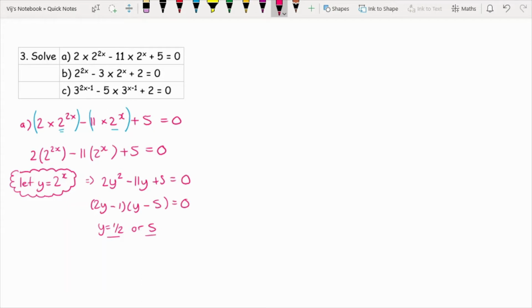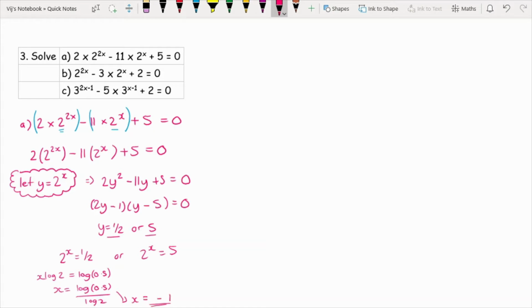So what we've then got is 2 to the power of x equals a half, or 2 to the power of x equals 5. Now if you go back and look at what we did before, if I take the log of both sides, I'm just going to jump a stage because I'm running out of space. So x equals log of 0.5 over log 2. So in this particular case, x equals minus 1.